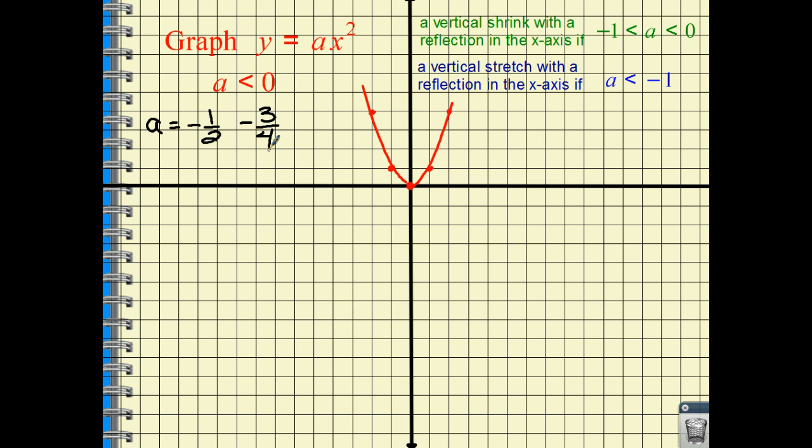And the negative tells you that we are going to be shrinking it. And I'm sorry, no, the negative is telling us to reflect it over the x-axis, and then the fraction tells me to shrink it. So it's going to actually look a little bit wider than the original parent.